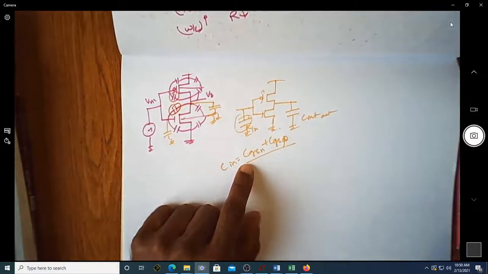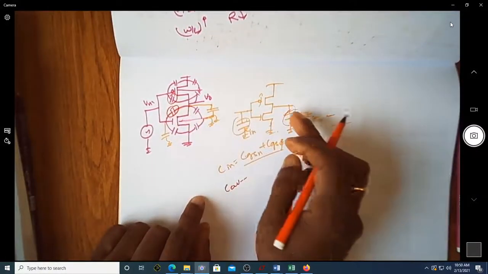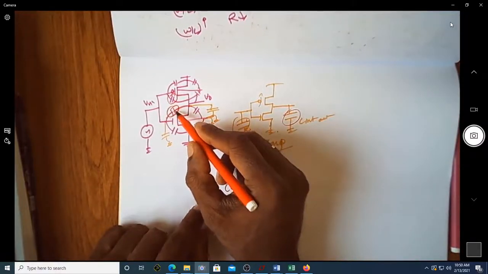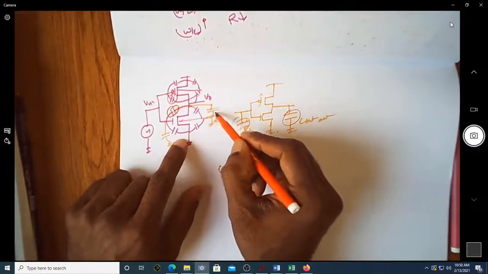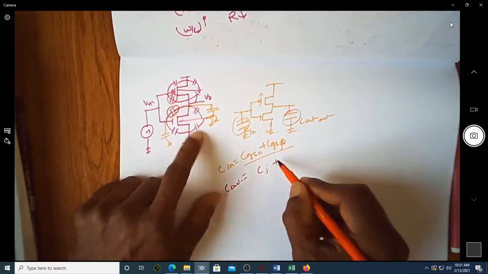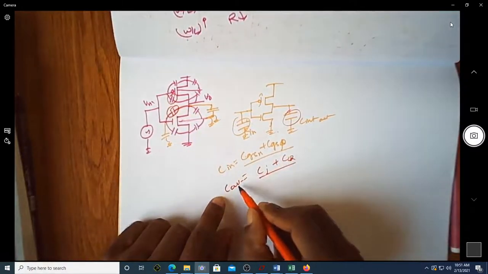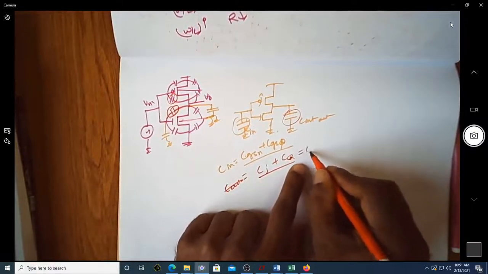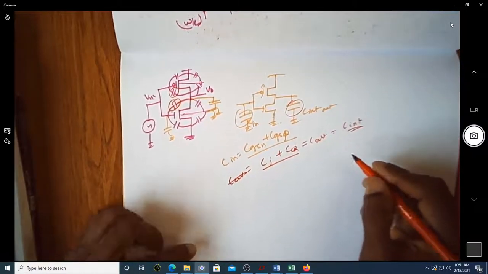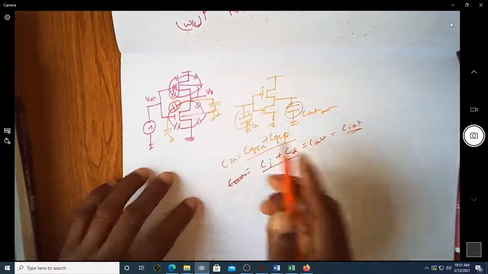And how about the output capacitance? C out, even though you have not connected any capacitance here, because of the Miller capacitance and the junction capacitances, I will end up with a lot of junction capacitance, plus of course the Miller capacitance, part of the oxide capacitance. So I will write C out as nothing but C intrinsic.